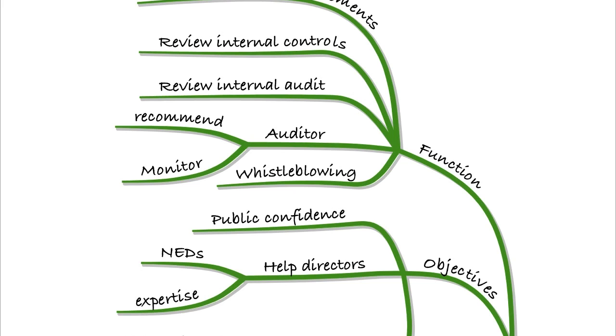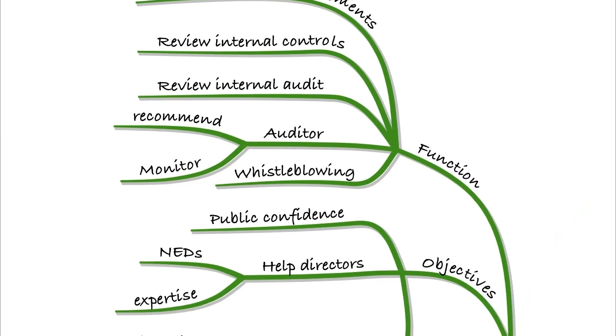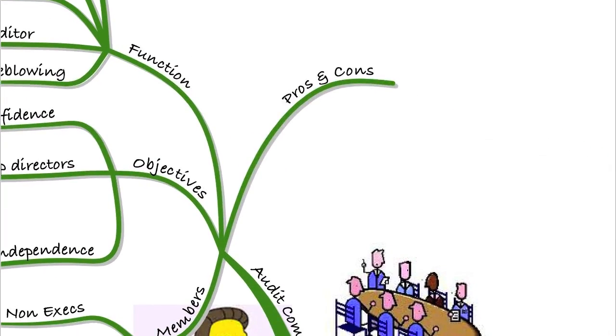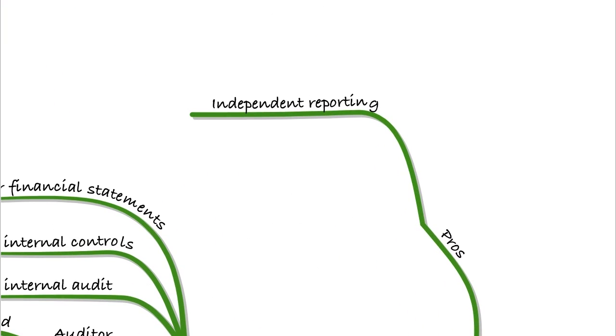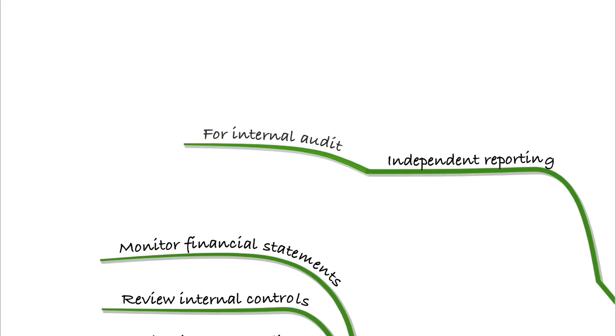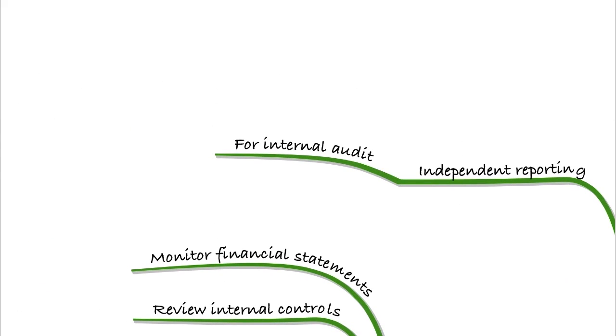So those are some of the key functions of the audit committee, and there are some pros and cons to having an audit committee. Most of them will be pros. So some of the pros that we have are that we get independent reporting for internal audit. Think about it like this: if we didn't have an audit committee, internal audit would have to report direct to management.